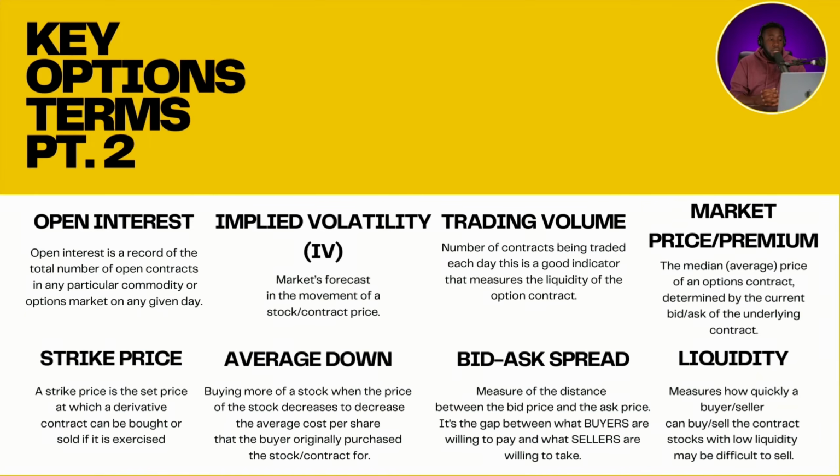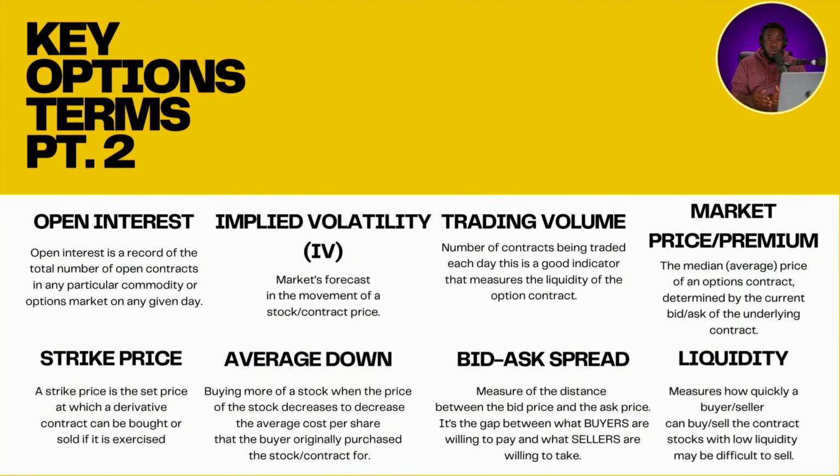Okay. Strike price is a set price at which a derivative contract can be bought or sold if it is exercised. Okay, so we only have strike prices in stock options. So when we're talking about the strike price, what we're saying is if Apple is currently trading at 150 and you want to buy a contract with a strike price of 155, let's say you want to buy a call, what you're saying is that at a certain period of time, you are expecting Apple to reach from 150 to 155.